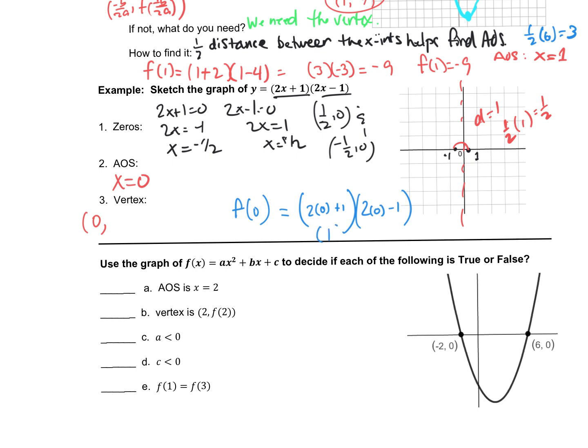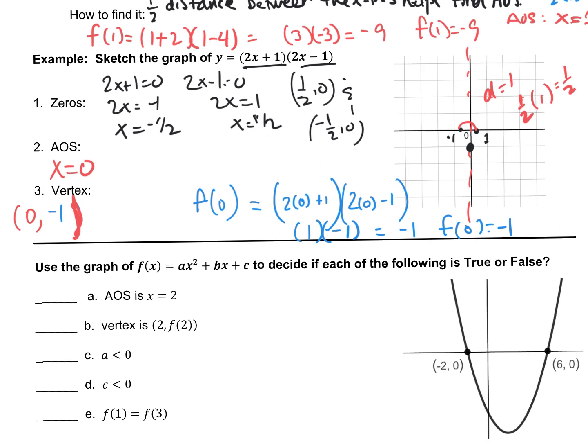So this is 1 times a negative 1, which is just negative 1. So f of 0 equals negative 1. So this is a negative 1 here. So my vertex is this. Again, vertex always is on the axis of symmetry. So if I plot 0, negative 1, I'm right here. It's a very, very tiny graph here because it comes down, hits here, and comes through here.